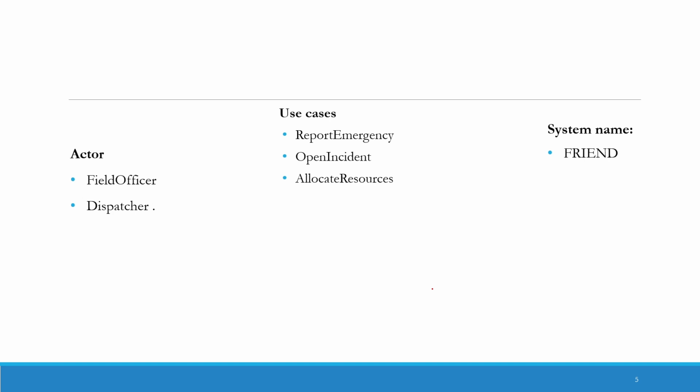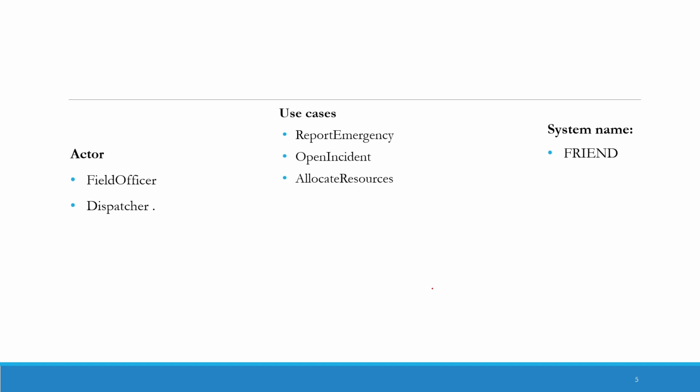What's next? We'll draw the use case diagram. Everything is easy if you understand the narratives very well. From those narratives, you extract the functional requirements. From those functional requirements, you identify the use cases. And finally, you identify the relationships between the use cases and the actors.